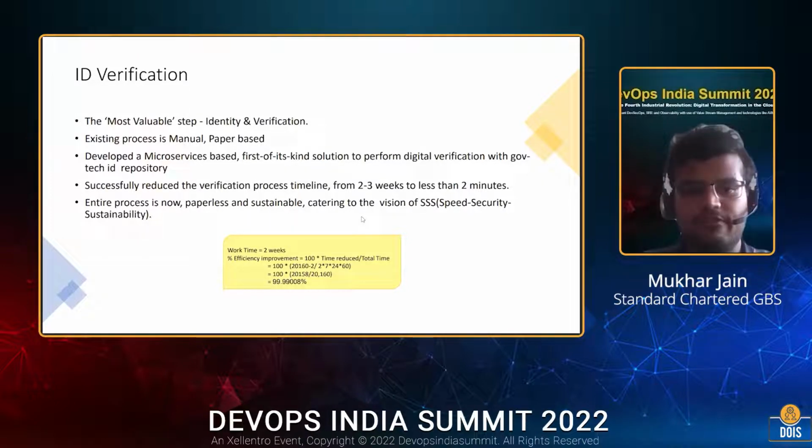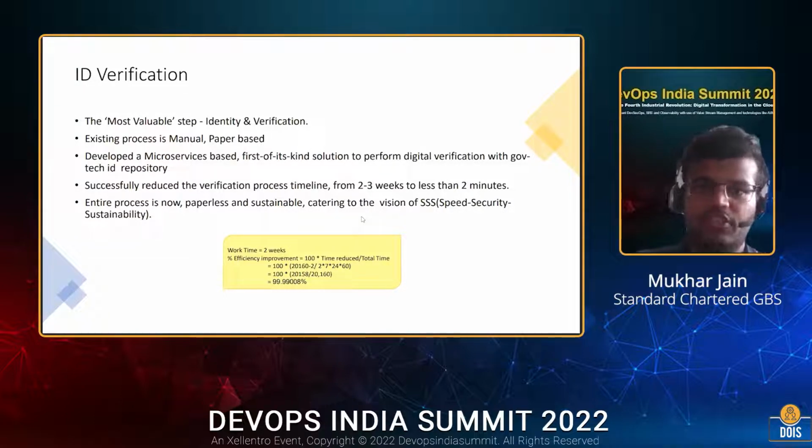As a solution, we have developed a microservice-based, first-of-its-kind solution to perform digital identity verification from the government tech repositories. The benefit of this microservice is that we have successfully reduced the verification process timeline from 2 to 3 weeks to less than 2 minutes.